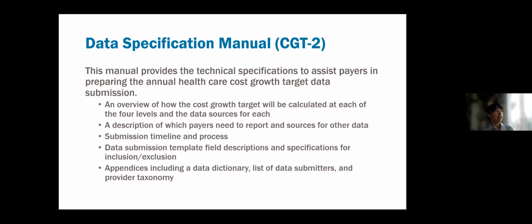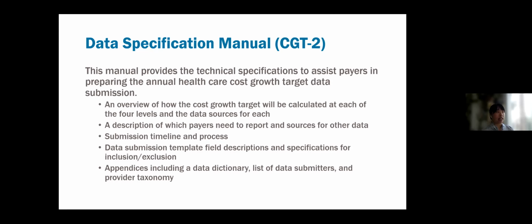Okay, great. So the data specification manual is where we're going to provide your technical specifications, and it's broken up into many sections. Here's an overview of what it entails.